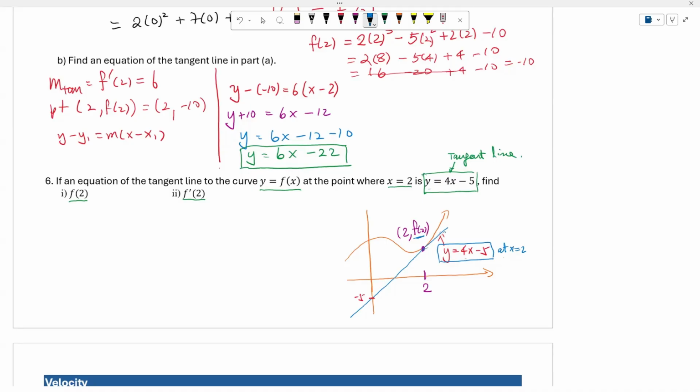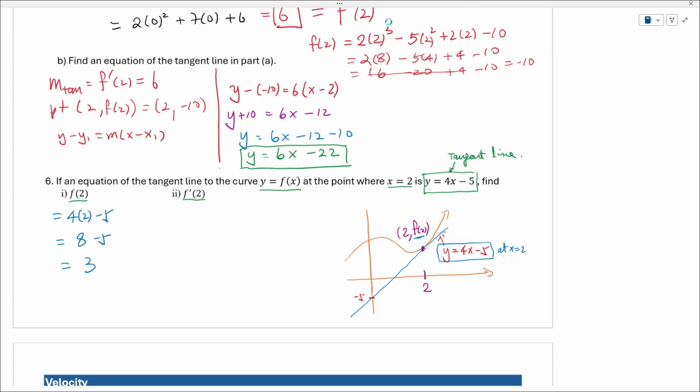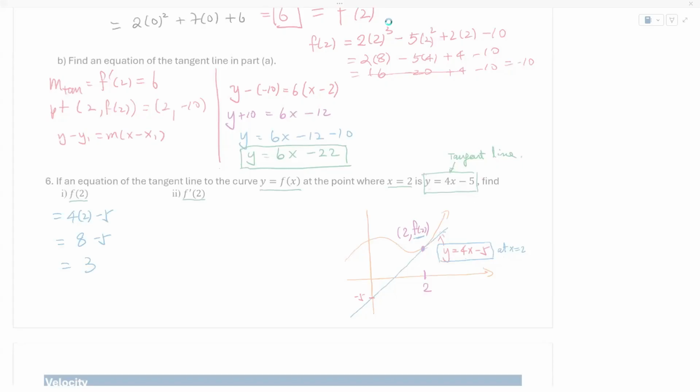So f of 2 will be 4 times 2 minus 5, which is 3. Okay. Then now let us look at the f prime of 2.